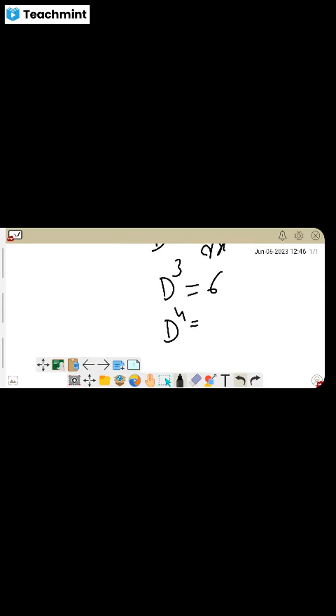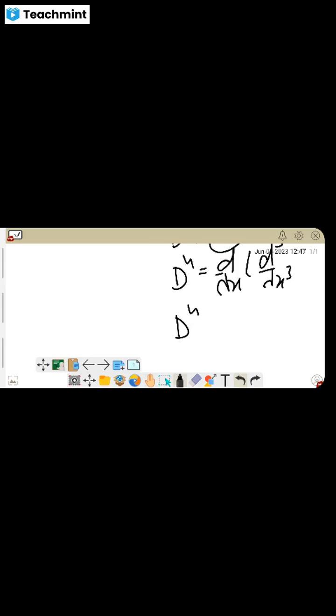Yes, exactly. So d4 is d upon dx of d cube over dx cube. Now if we differentiate it, the differentiation of a constant is 0. So d4 is 0, and we cannot find the next power like d to the power 6, because at d4 we have value 0, so there is no need to find further.